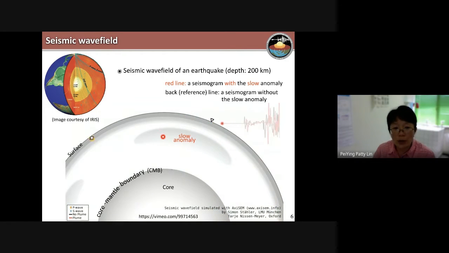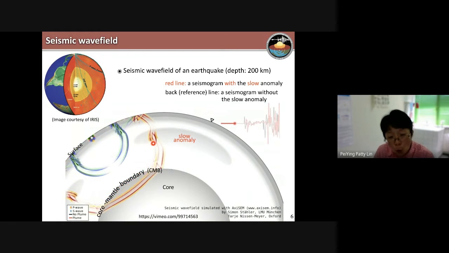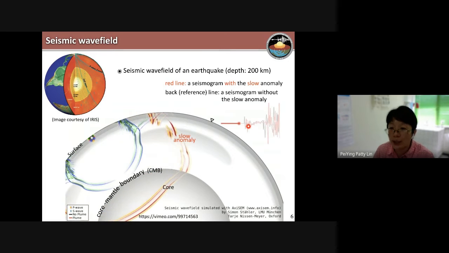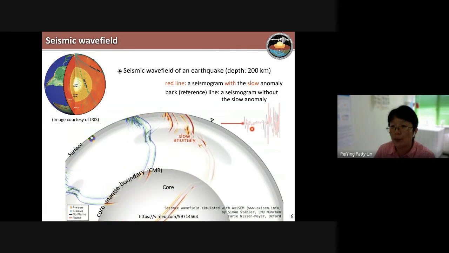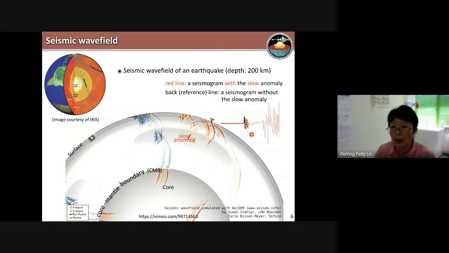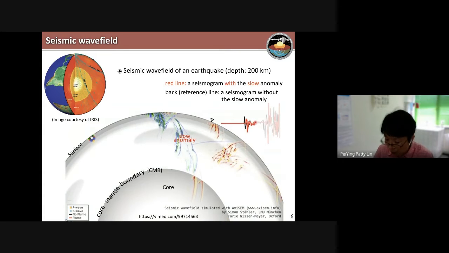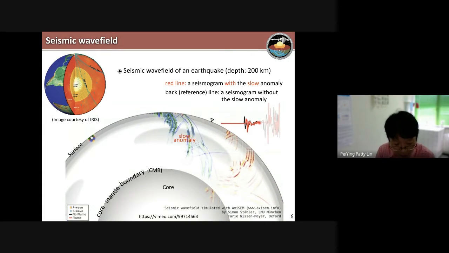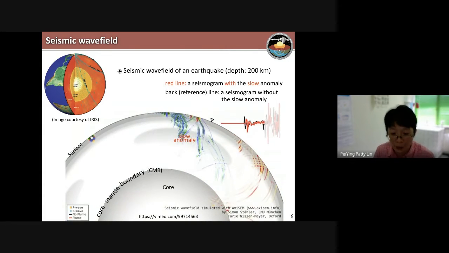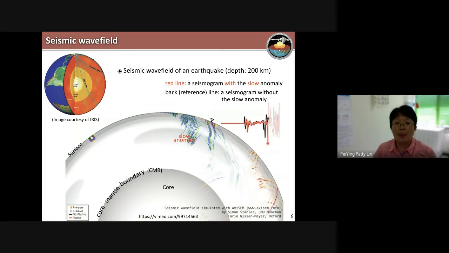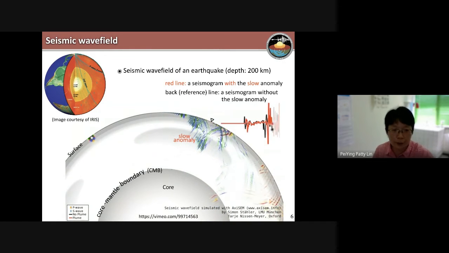Also, when the wave hits this slow anomaly, the wave field distorts, and you can see that in the waveform variation, the difference between the red one and the black one. So seismology uses this kind of difference, not only travel time difference but also waveform difference, to look for the structure beneath the Earth's surface.